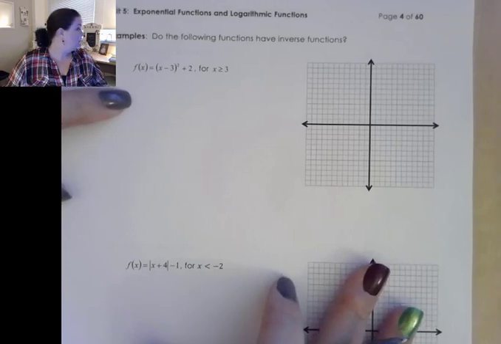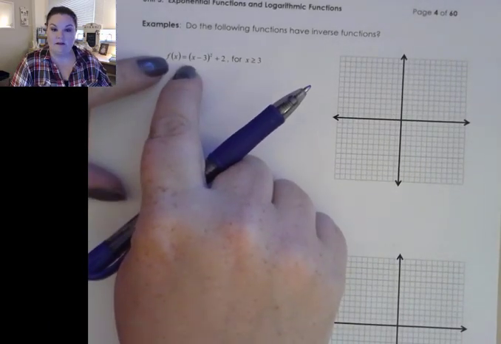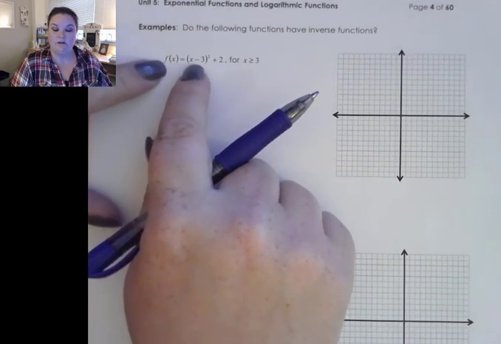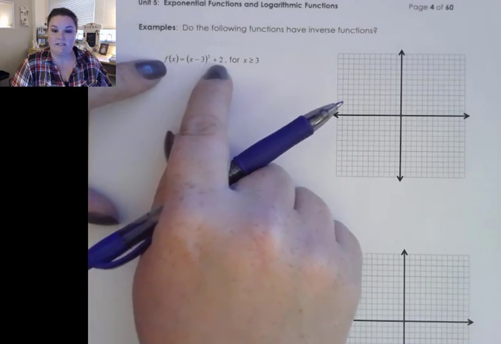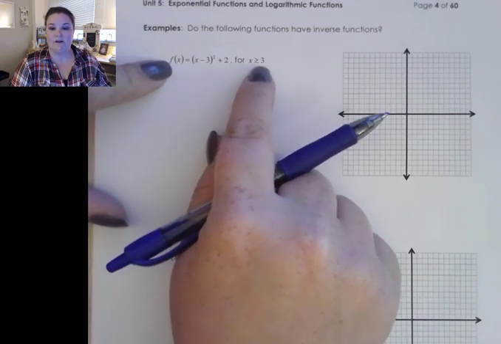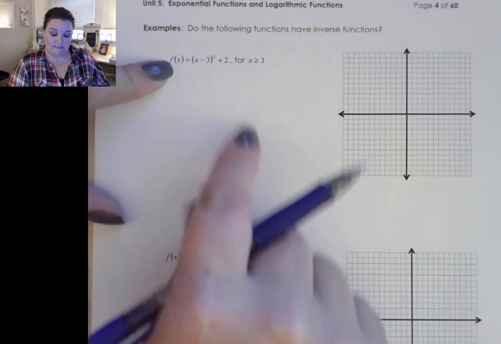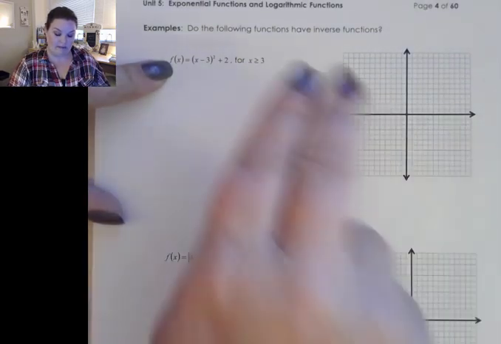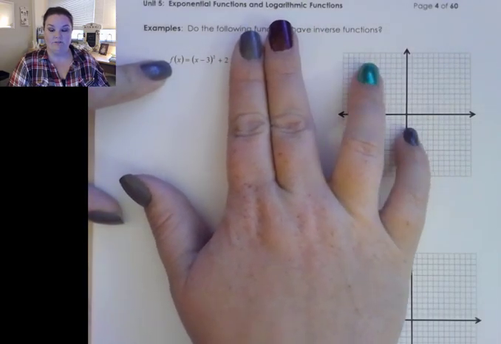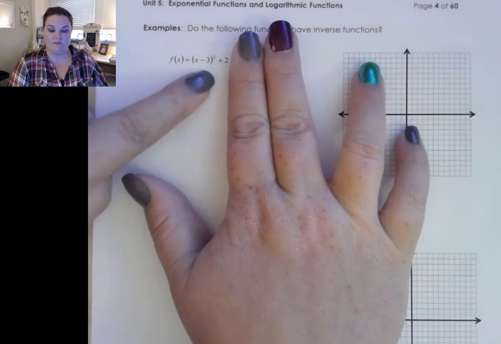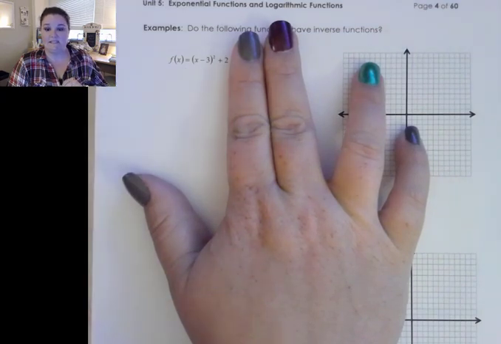On this first one, we have f of x is equal to (x minus 3) squared plus 2 for x's that are greater than or equal to 3. So notice this one's giving us a domain restriction, meaning if that wasn't there, if we just had f of x equals the squared quantity plus 2 and it says, does this have an inverse?